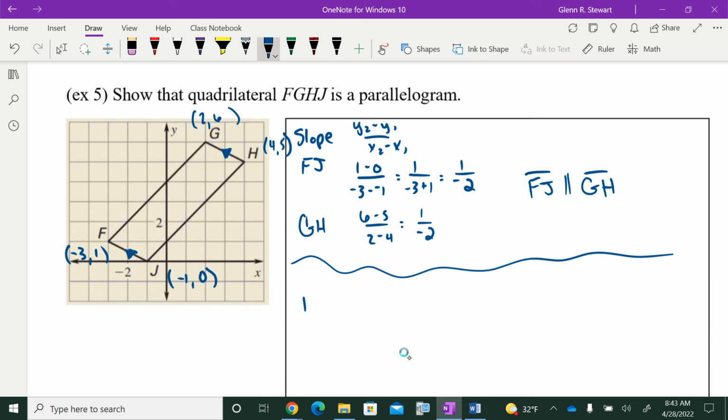Part two, then we could find the distance between them. As a reminder, the distance formula is the square root of x2 minus x1 squared plus y2 minus y1 squared.